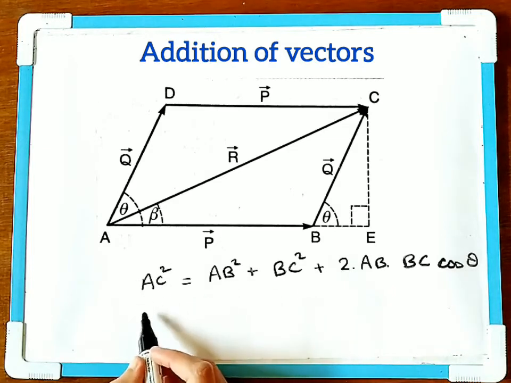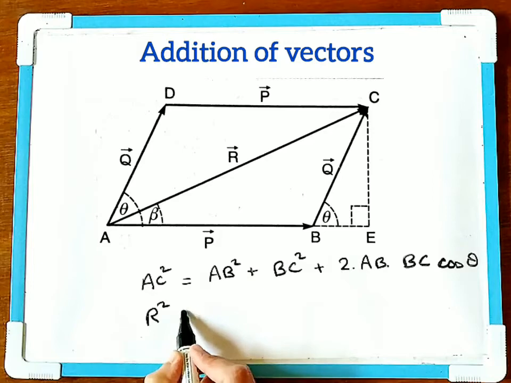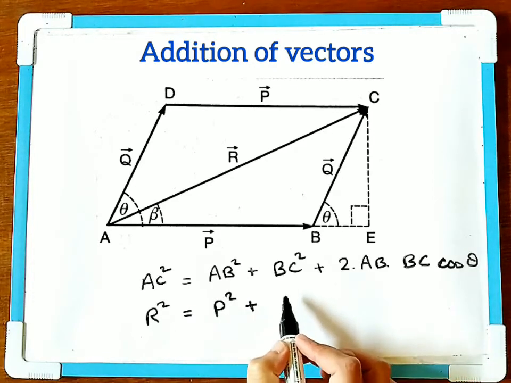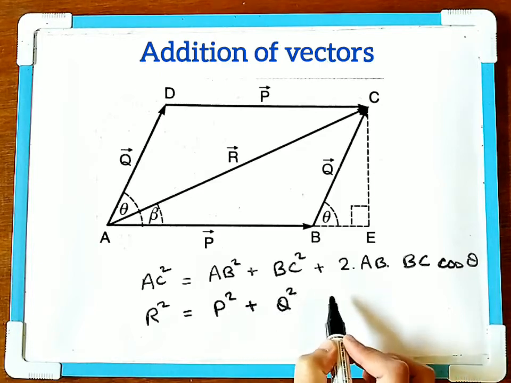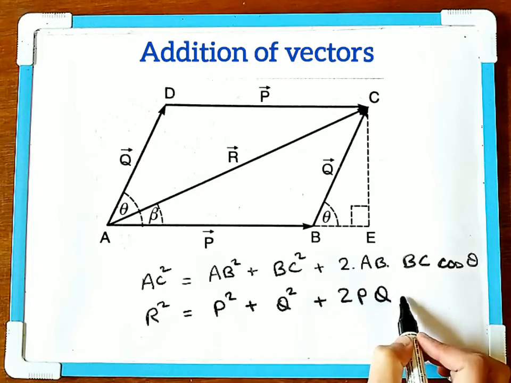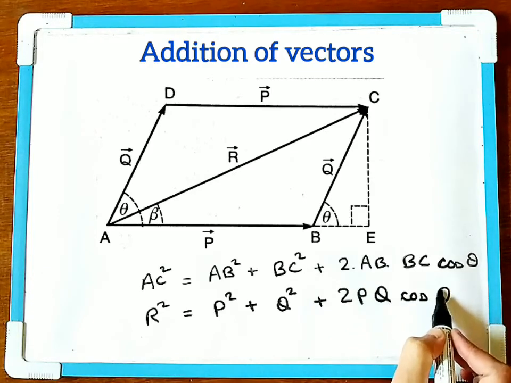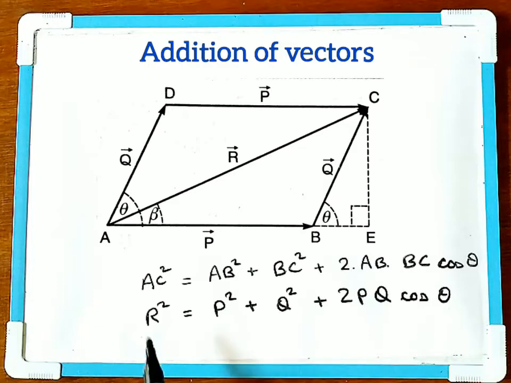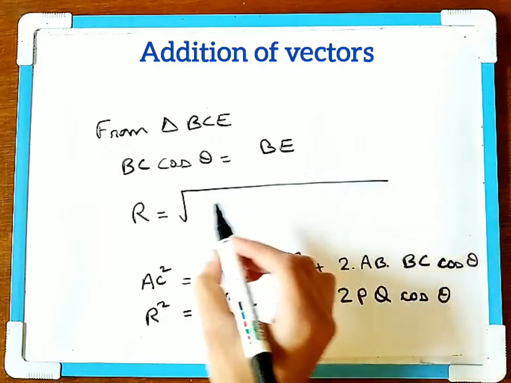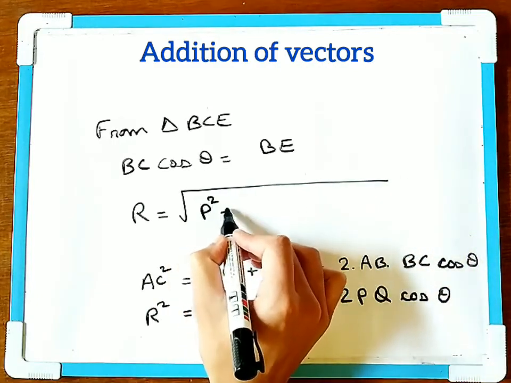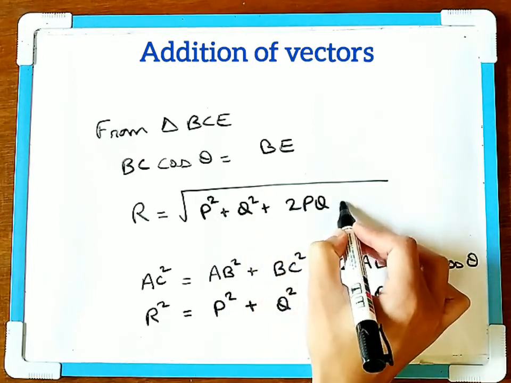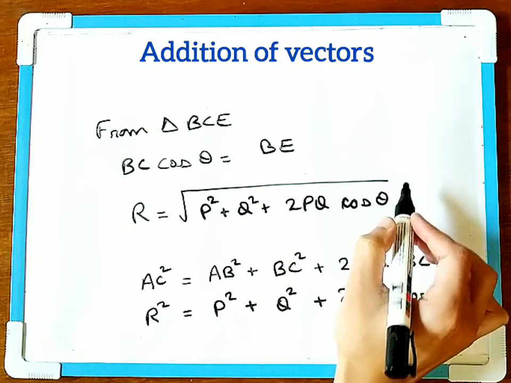So R square is equal to P square plus Q square plus 2PQ cos theta. Theta is the angle between the two vectors. So here your R is equal to root over P square plus Q square plus 2PQ cos theta.